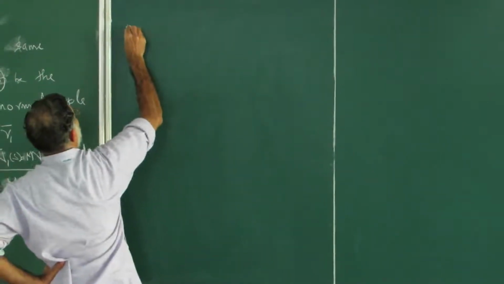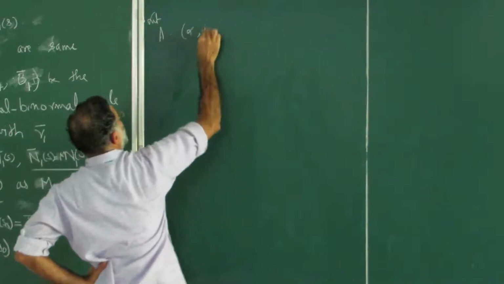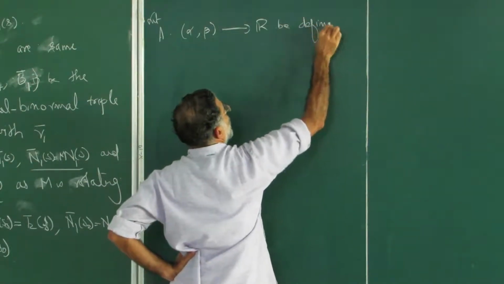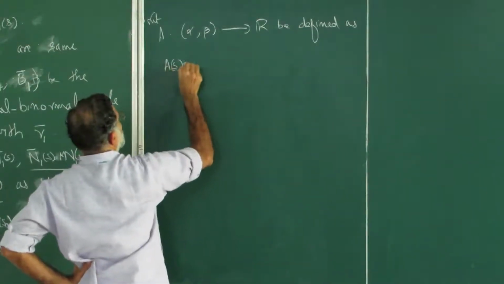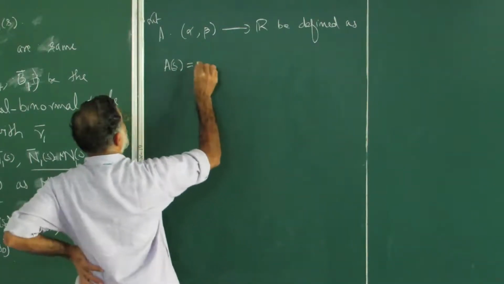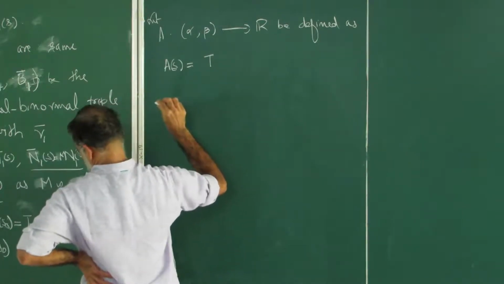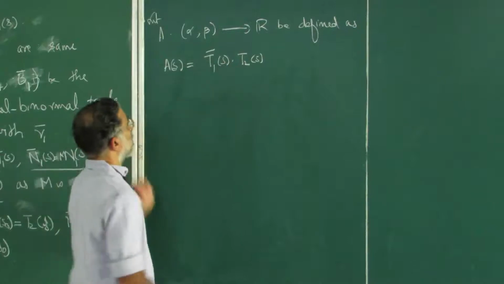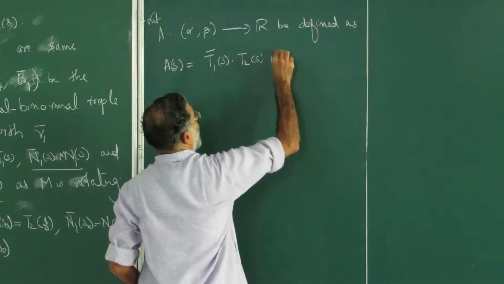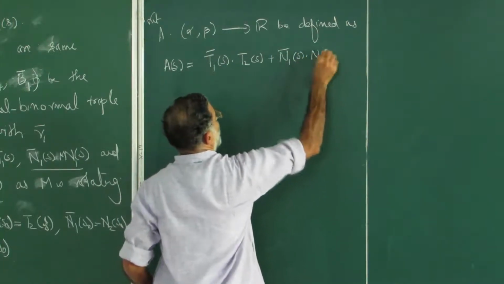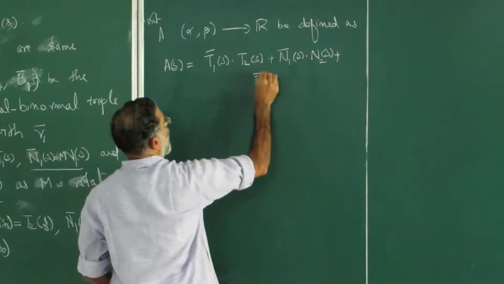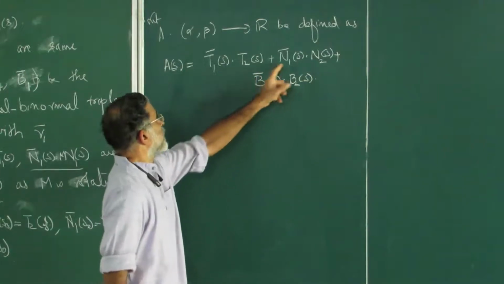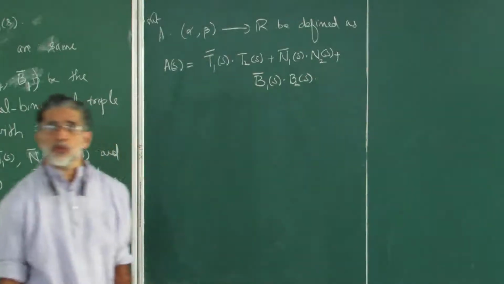So we define a function from alpha beta to R. We define A at any point s as T1 bar s dot T2 s, a dot product, so it's a real number, plus N1 bar s dot N2 s plus B1 bar s dot B2 s. All of these, T1, T2, N1, N2, B1, B2, are smooth, and the dot product of two smooth functions is smooth.